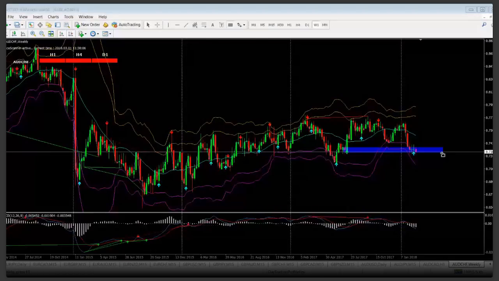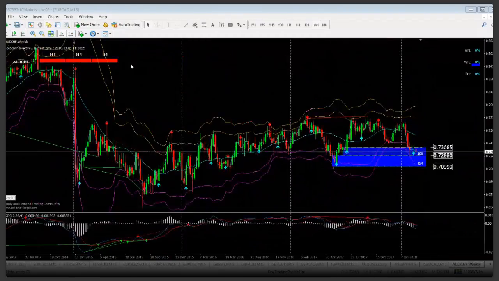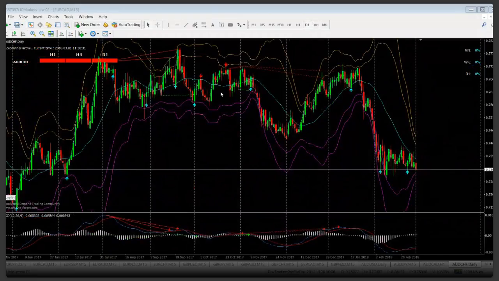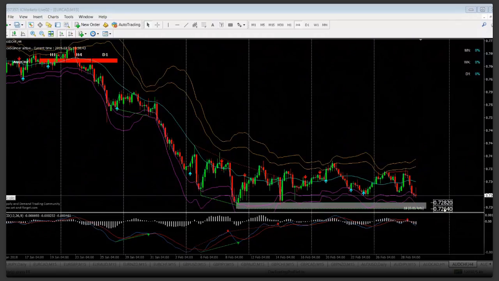Right, this weekly area here. Aussie CAD, we're already in that signal, already in that trade. For me to even look at selling this Aussie Swiss franc pair, it would really have to break down below 72.